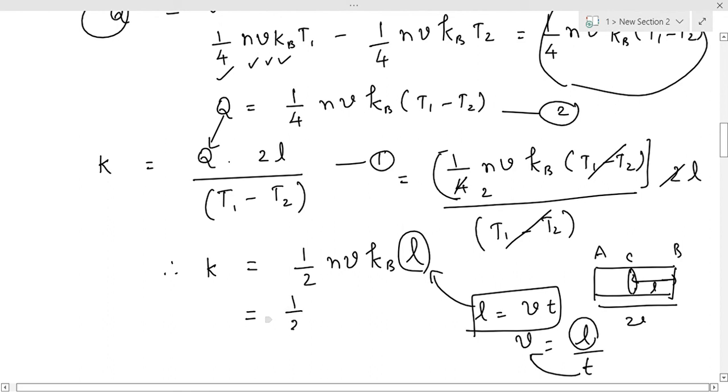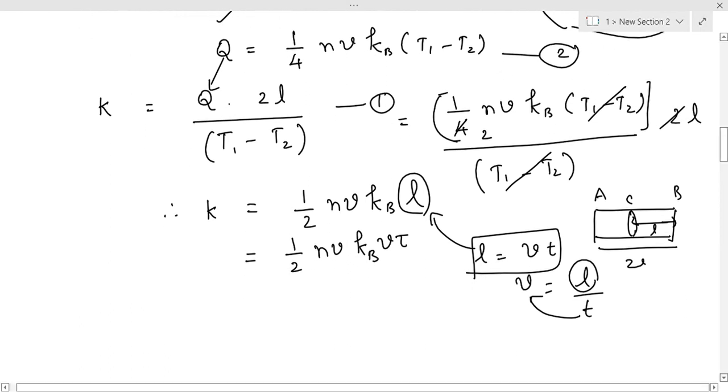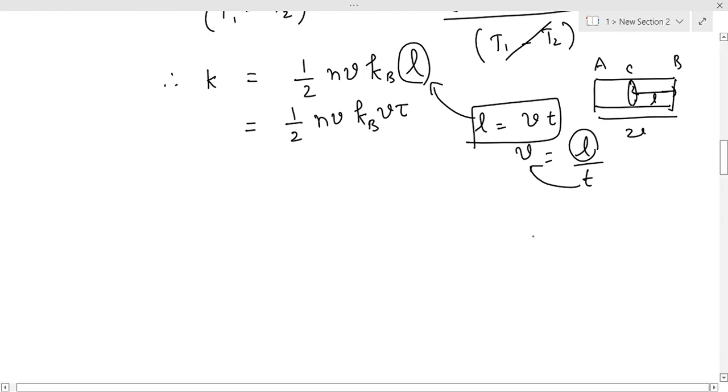1 by 2 nv kB, with L replaced by v and tau. Here the time taken is called either the relaxation time or the collision time. So after consolidation, 1 by 2 n, here we have v, here v, therefore n v square kB tau.